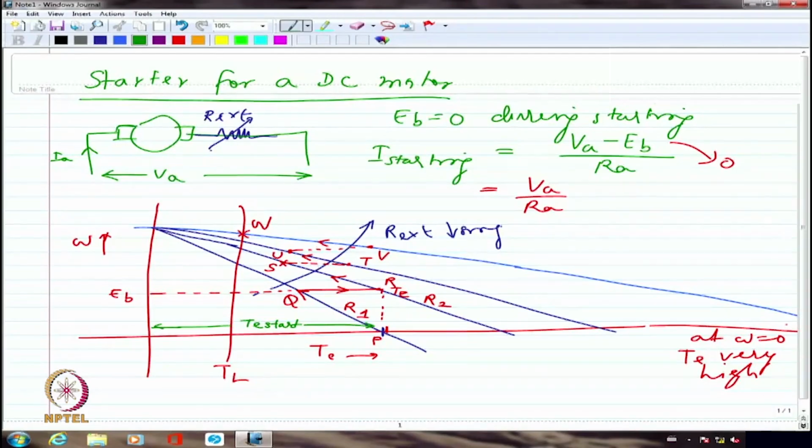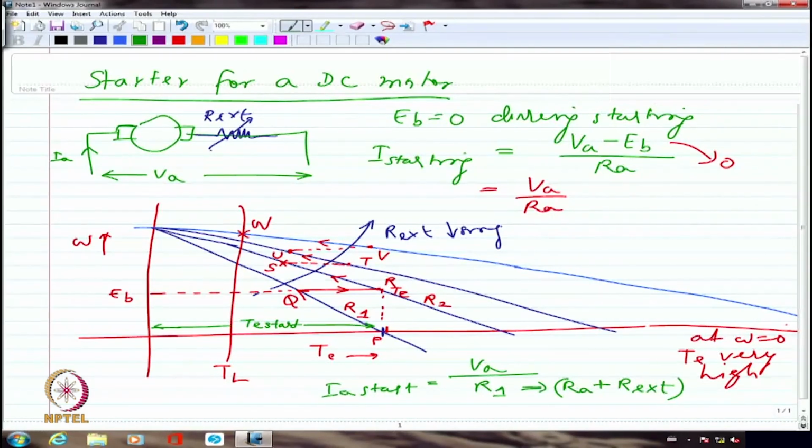And under the initial condition, the armature current would have been, if I say this is IA start, which corresponds to TE start, VA divided by R1, where R1 might consist of RA plus some R external, whatever I have included in the armature circuit.